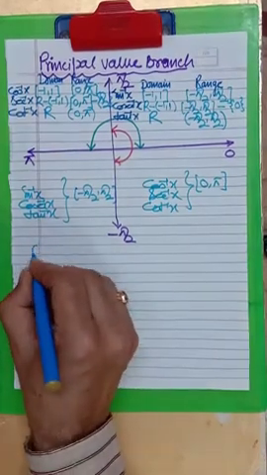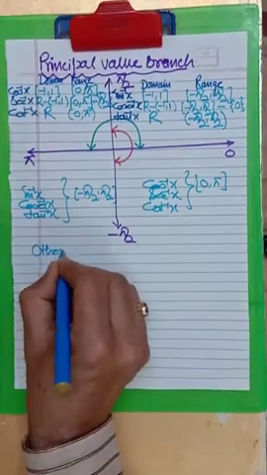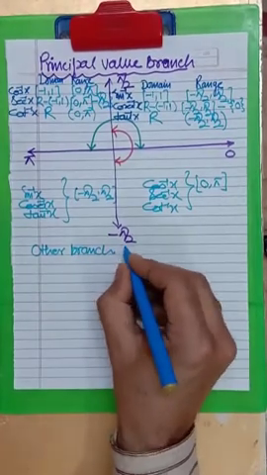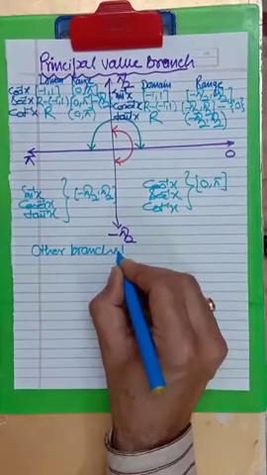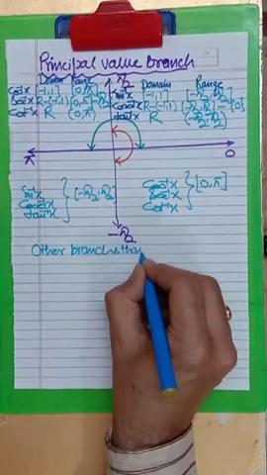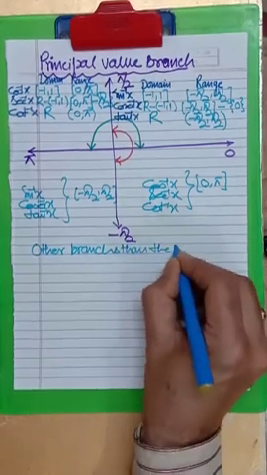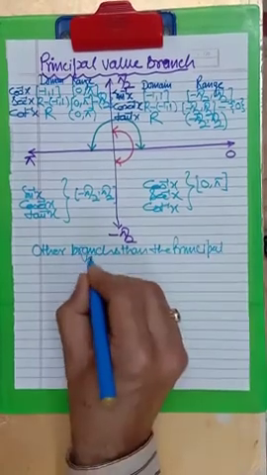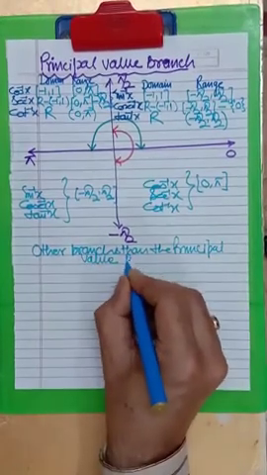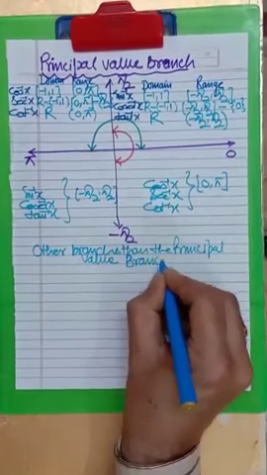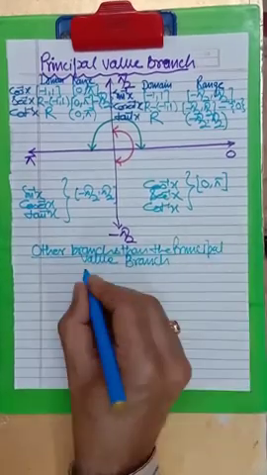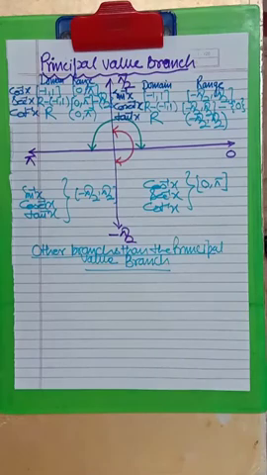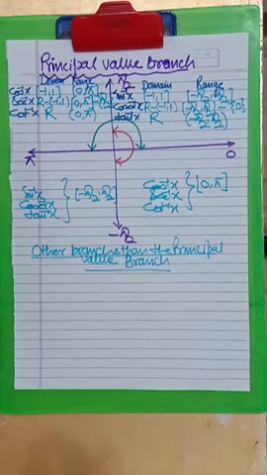Now other than the principal value branch, there are so many other branches existing here, but the principal one is the least one, which occurs first.